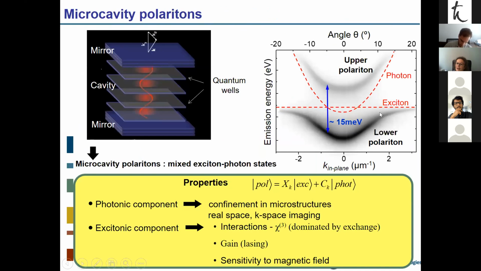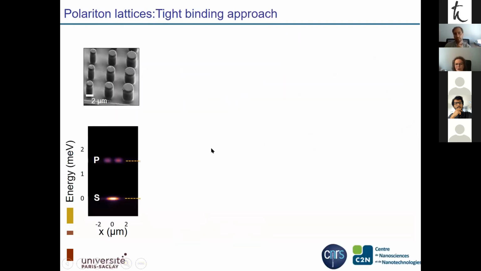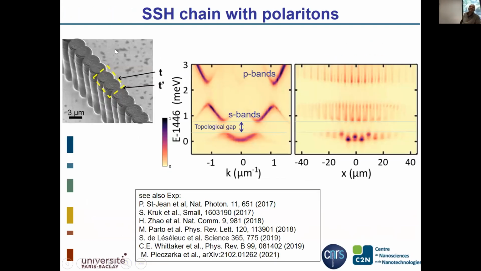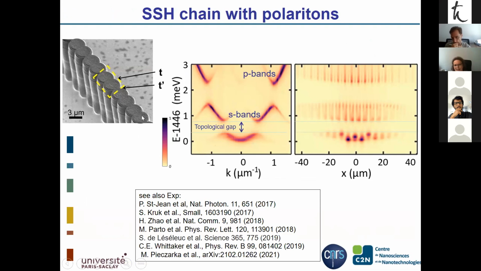So we inject inside the cavity, so we shine on the cavity. Let's go maybe through this band structure. Okay, so we have the SSH. We focus a CW laser onto one dimer.